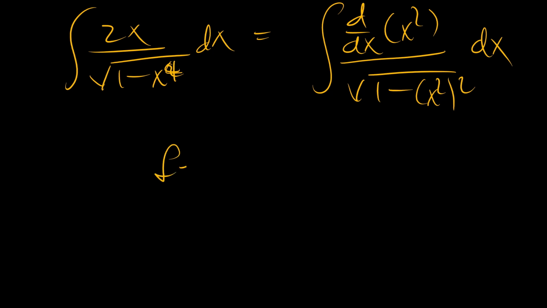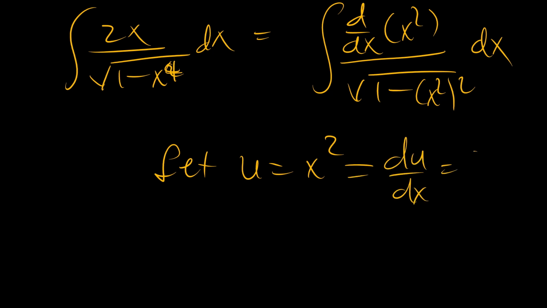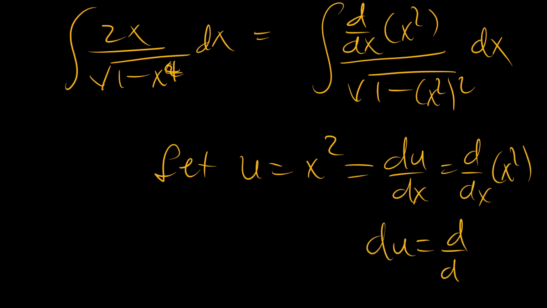So if we let u be equal to x squared, we already know that du dx is equal to the derivative of x squared, and so du would be equal to 2x times dx.